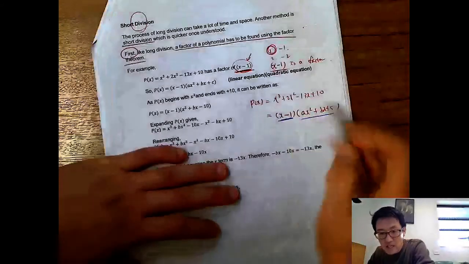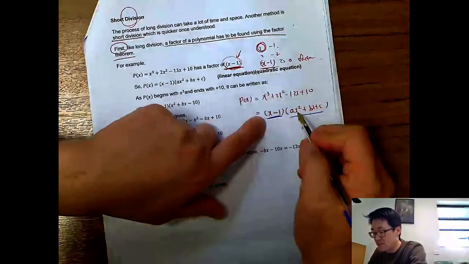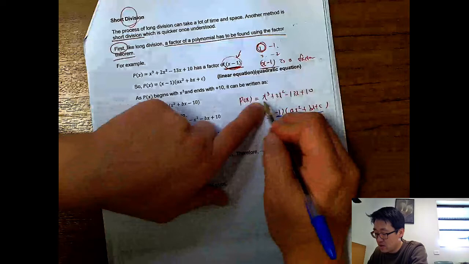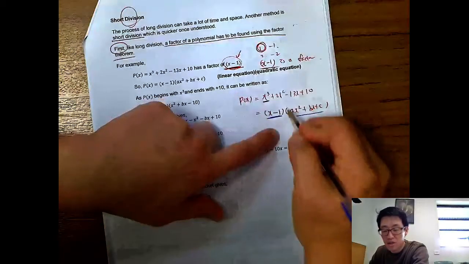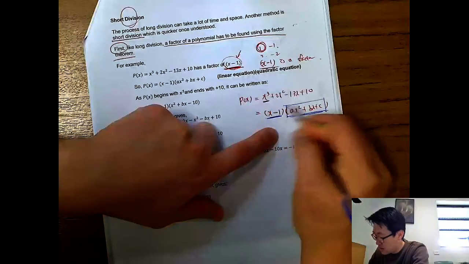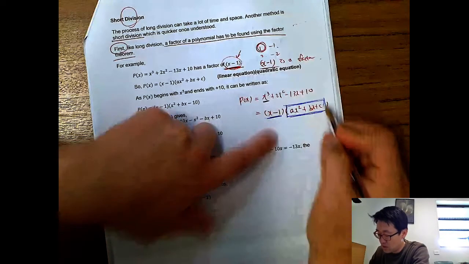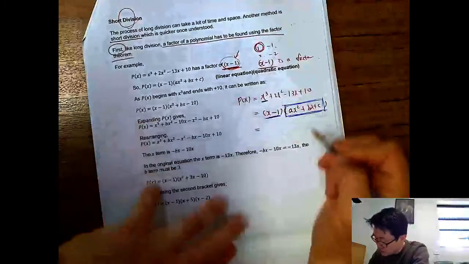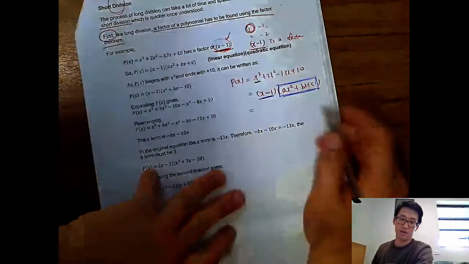Since x minus 1 is linear, linear times x squared will give me a cubic function, isn't it? That's why I can assume that is what? Yep, quadratic. Good job.